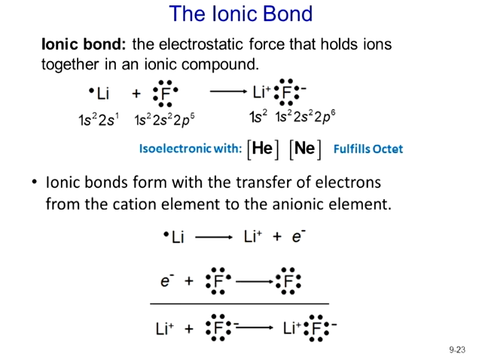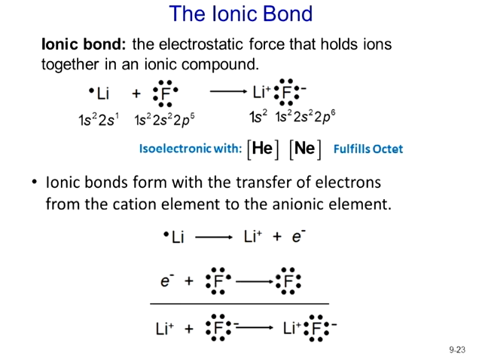So this is how we look at Lewis structures for ionic bonds. We can use the same format, but then we must remember to transfer the electrons from the electropositive part to the electronegative part, where we would normally have a full covalent bond. So, ionic bonds form with transfer of electrons from the cationic element to the anionic element, and we show you a balanced equation for doing that.